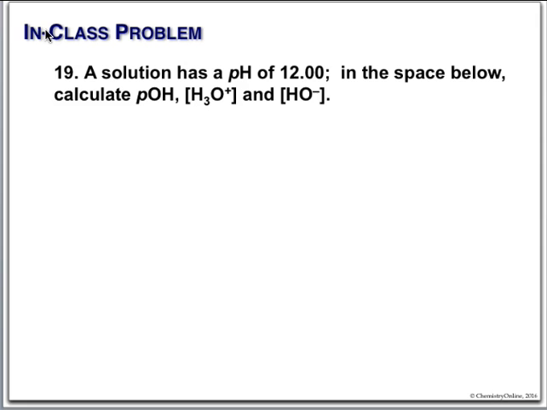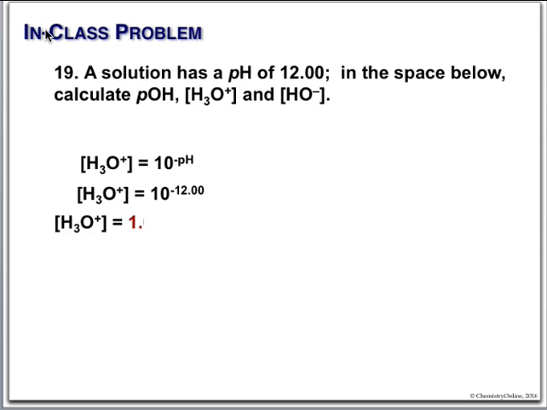First thing we want to remember, hydronium is simply 10 to the minus pH. Remember that. Write it on your hand. 10 to the minus pH. So we simply substitute. My gosh, that's 10 to the minus 12, isn't it? So what is hydronium? 1 times 10 to the minus 12 molar.